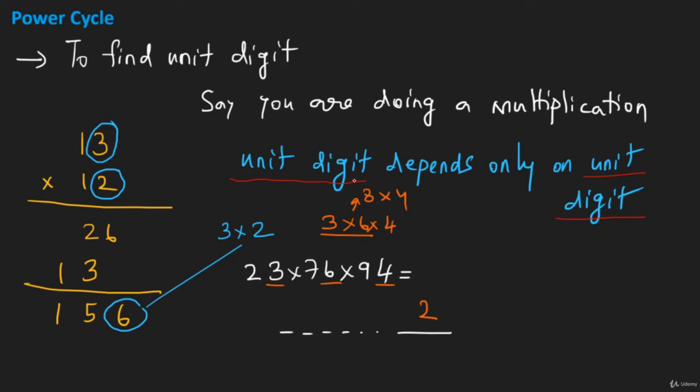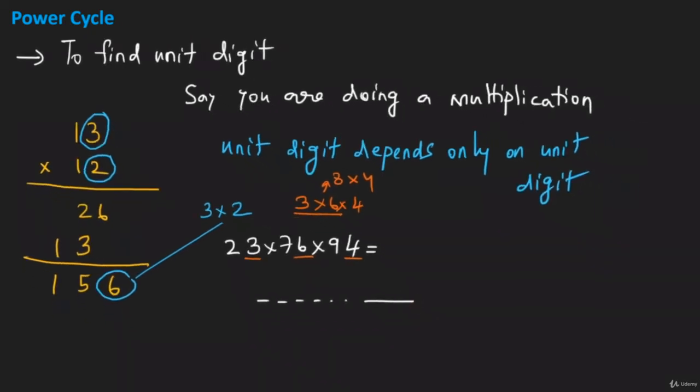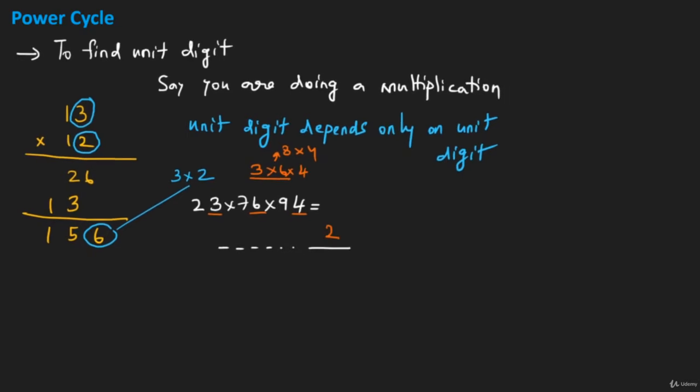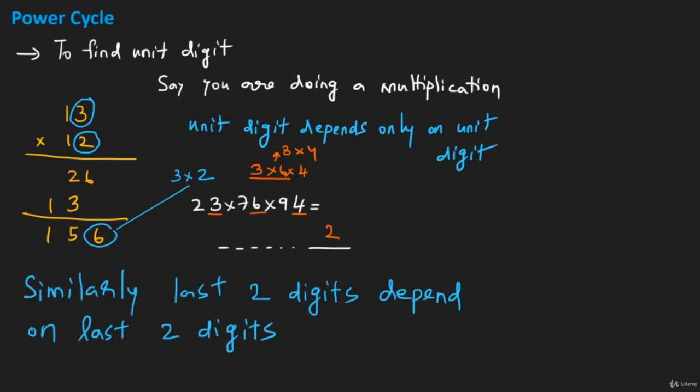So again, the unit digit of the answer depends only on the unit digit of the numbers that we are multiplying. Now an interesting side note: if you want to find the last 2 digits of a multiplication, that would only depend on the last 2 digits of the numbers that you are multiplying.